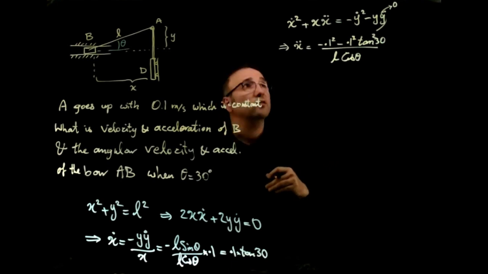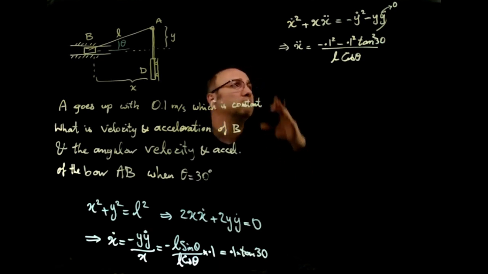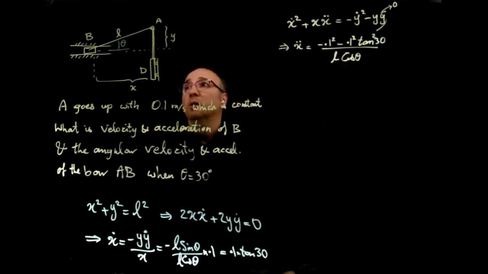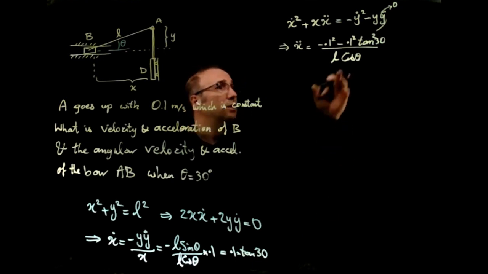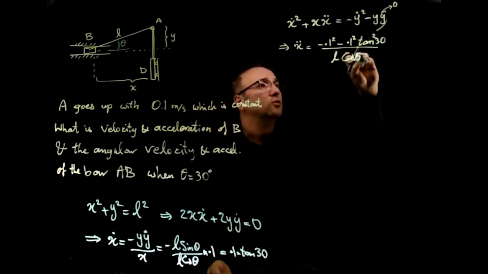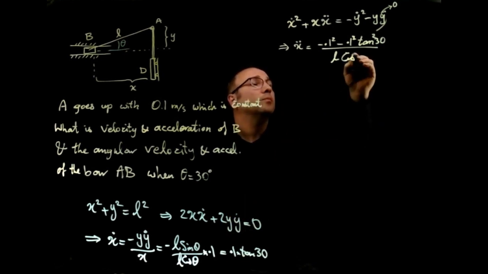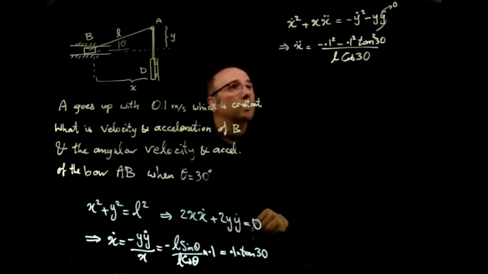So we can simplify that even more, but at this point we are not doing that. We are just leaving it like that, and we can plug in 30 here as well, cosine 30. So let's just do that, cosine 30. All right.